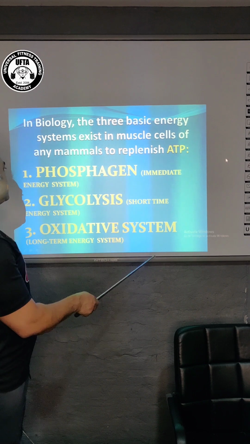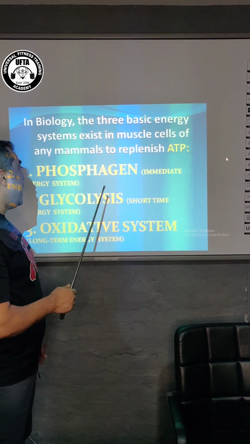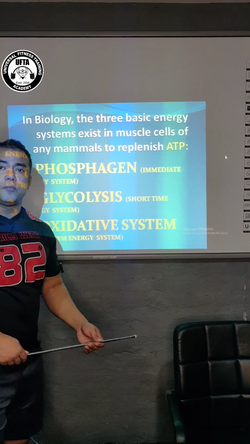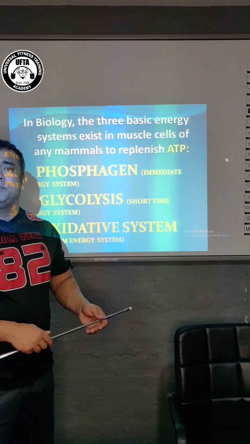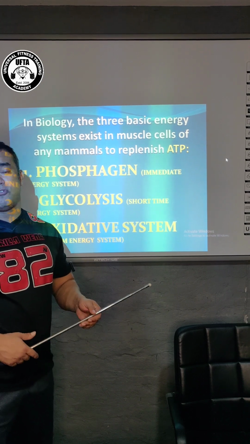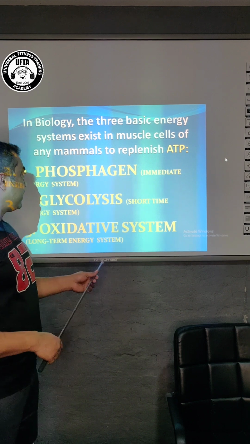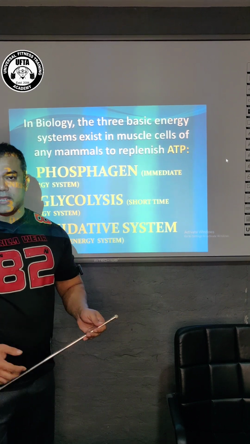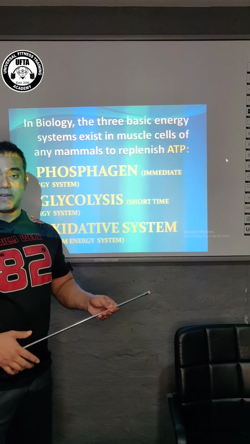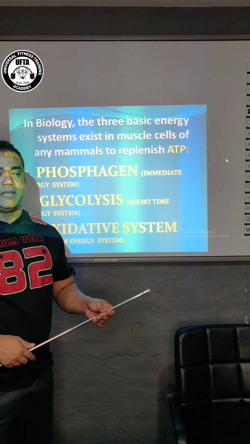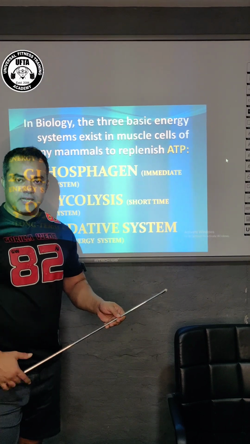Out of these three systems, the first and second are anaerobic energy systems. Anaerobic means it refers to those processes that don't need any oxygen to produce energy. For example, if you are doing weight training, a 100-meter dash or sprinting, those short-term intense activities are anaerobic activities where we don't need oxygen to produce energy in our body.